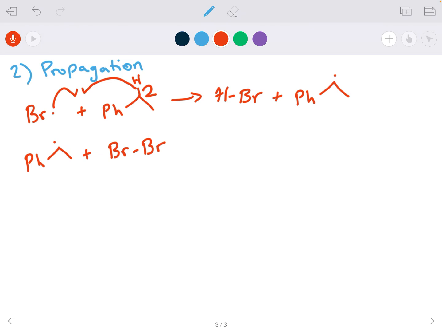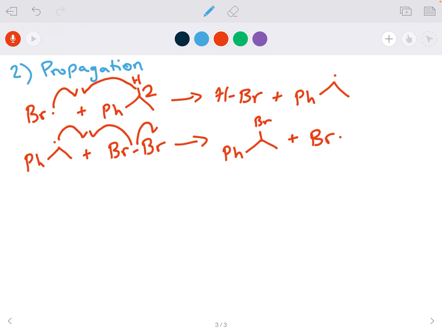So we form the bond between the carbon and the bromine, and the other electron goes on to the other bromine to give the one product we're looking for, and then the monoatomic bromine.